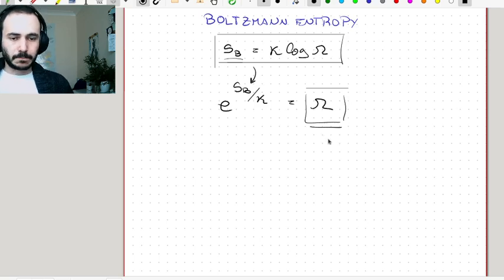One thing to mention is that I am writing S_B, and I call it entropy, but I make sure to make a distinction between this thing that I just defined for no reason and what we know is the true thermodynamic entropy from thermal physics.